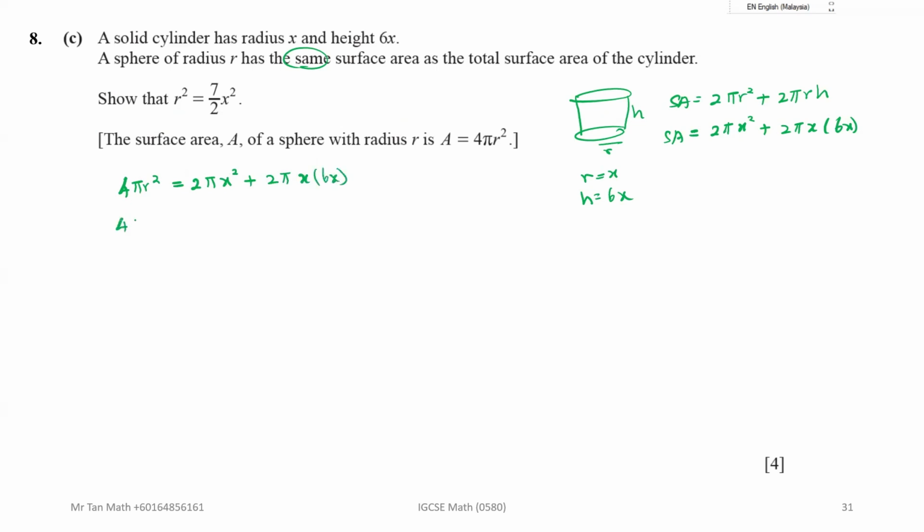So 4 pi r squared equal to 2 pi x squared plus 2 pi times 6x squared.